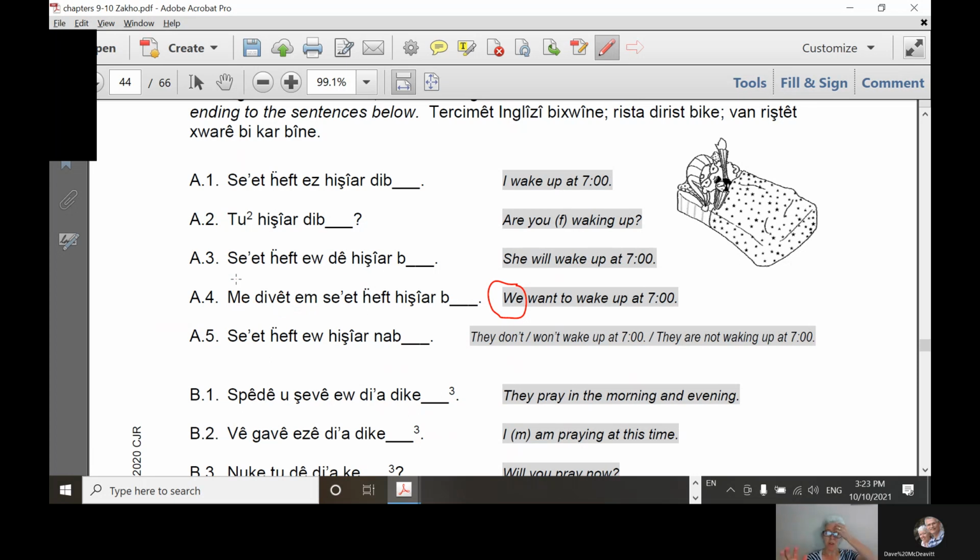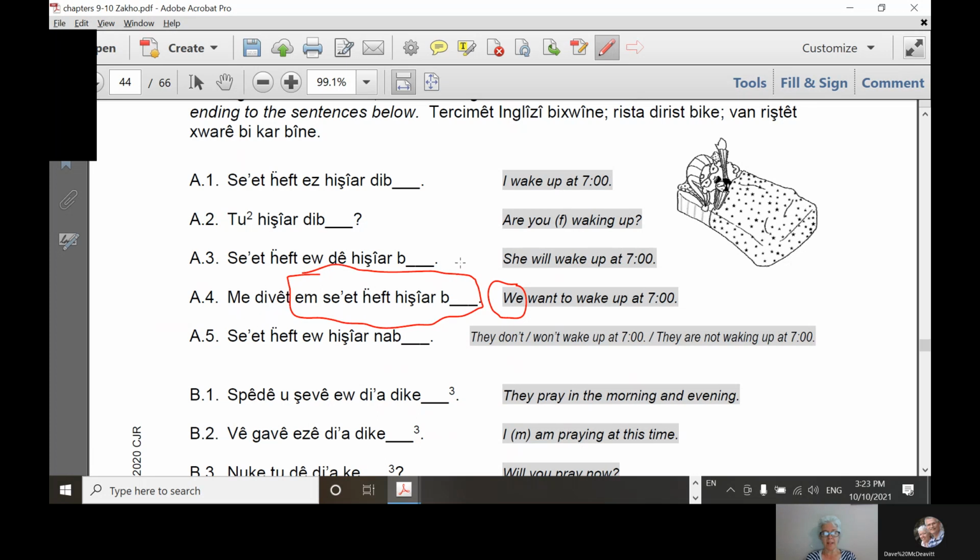It's just an irregular verb thing that you have learned from past lessons, I should say. Okay, so motivate. That's the first part of your subjunctive sentence. The second part of the subjunctive sentence is saat haft hishiar b something.